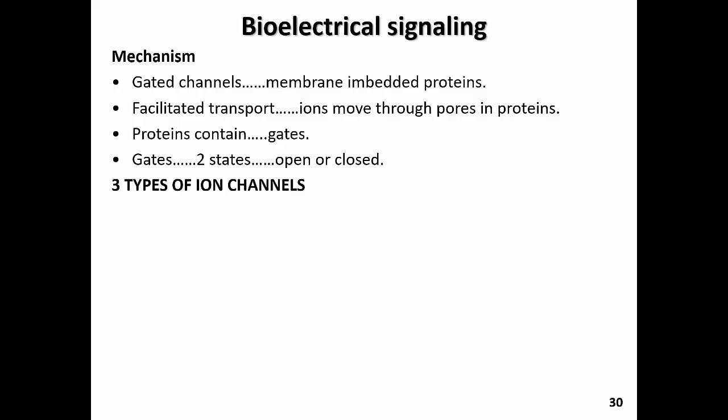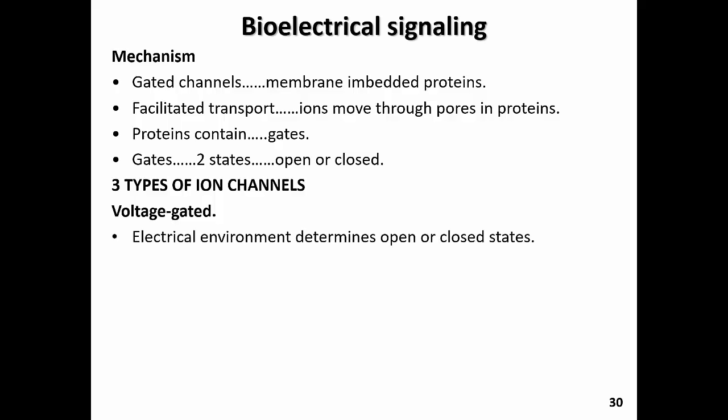And there are three basic types of ion channels based on the gating mechanism. The first type are ion channels that are said to be voltage gated. So the question here is, what opens up the gate of that protein to allow an ion to flow, either into the cell or out of the cell, depending upon the particular ion? The electrical environment.